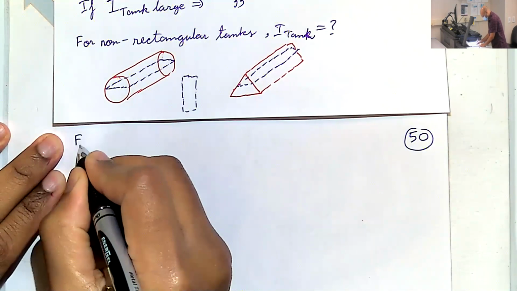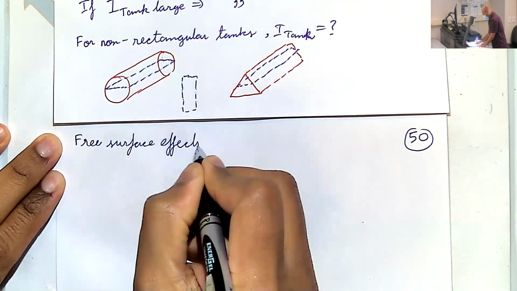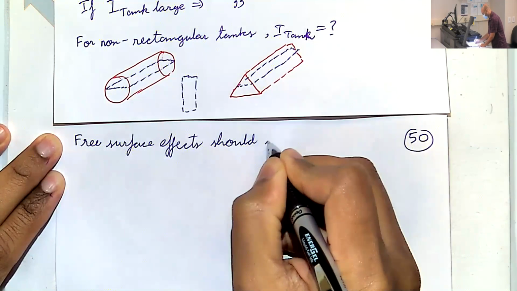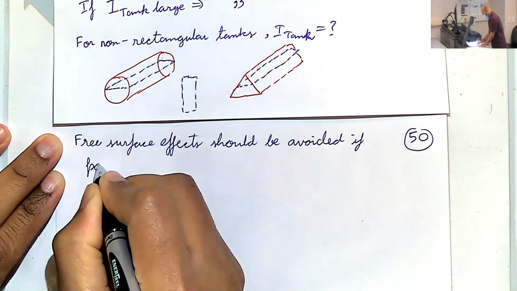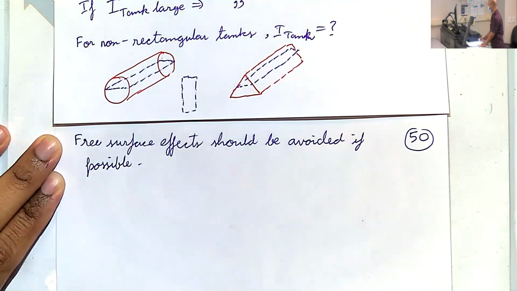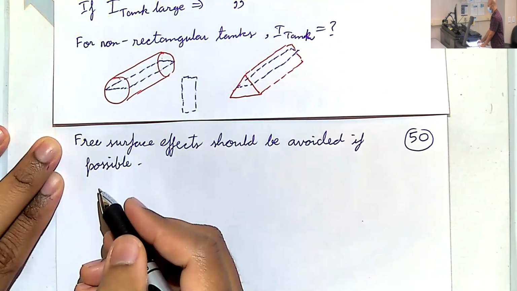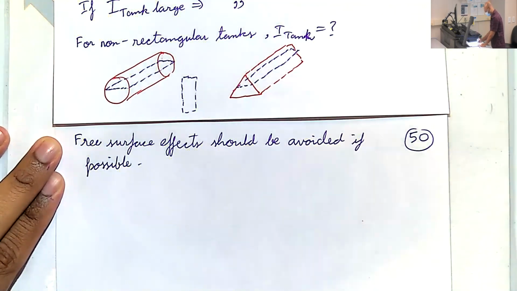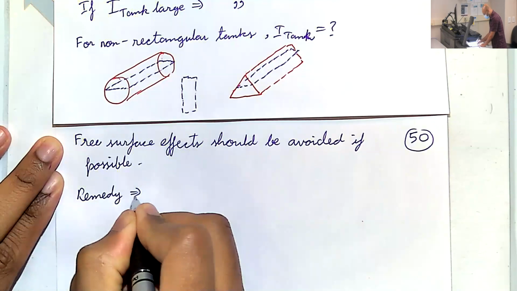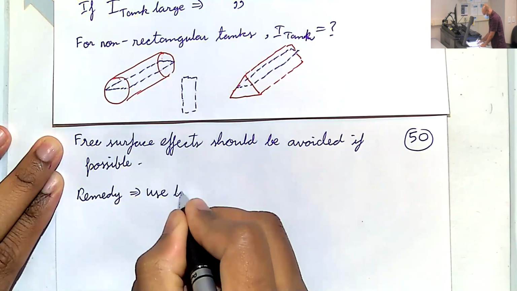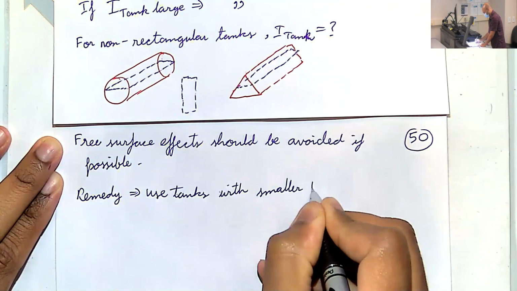And that's a very effective way of decreasing the loss in stability. So free surface effects should be avoided if possible. But if it's not possible to avoid them, like you need to carry fresh water, you need to carry fuel, you need to transport oil in an oil tanker, the remedy is to use tanks with smaller I tank.